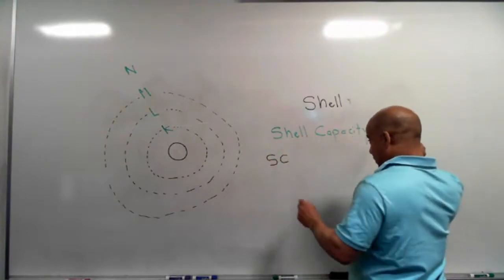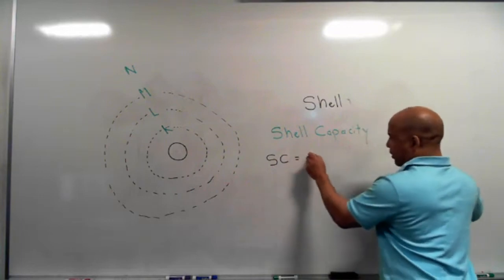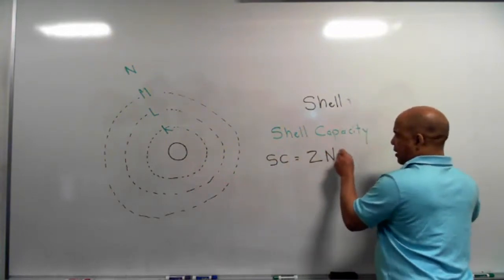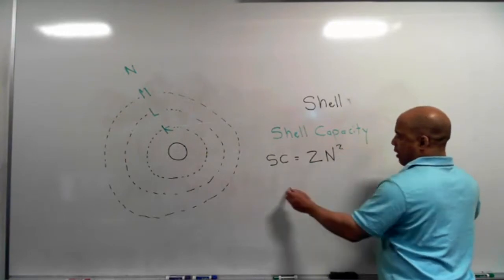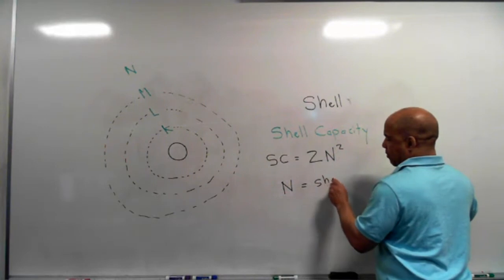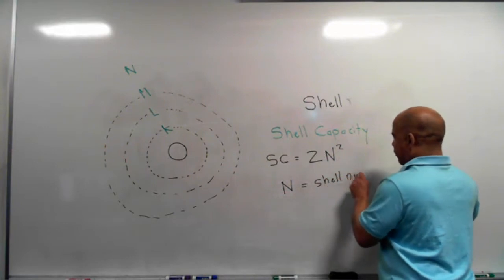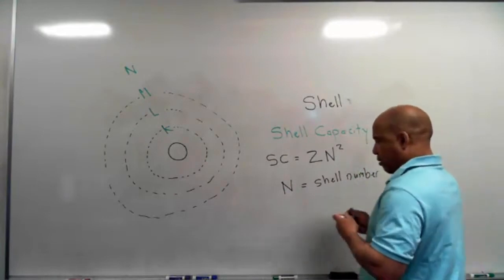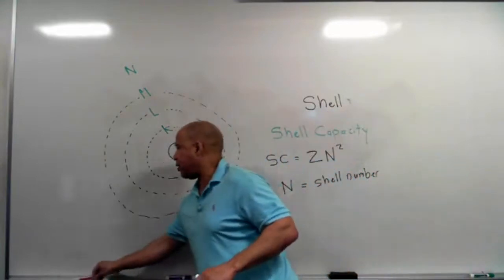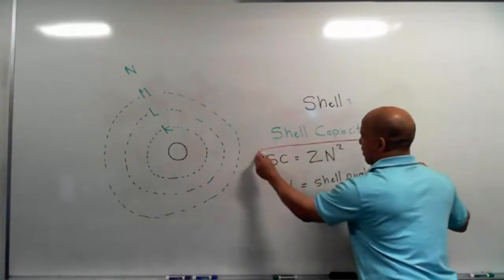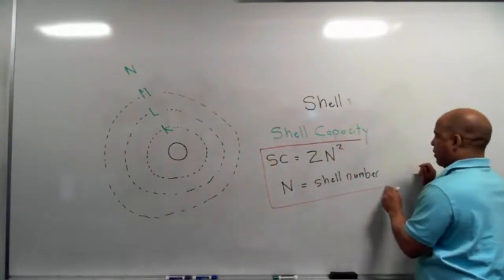The shell capacity is equal to 2n squared, where n is the shell number. So write this little equation down, and then I'll show you how to use it. The shell capacity is 2n squared, where n is the shell number.